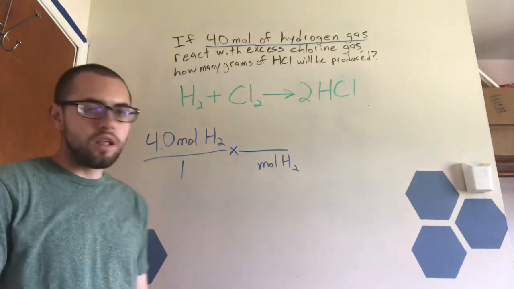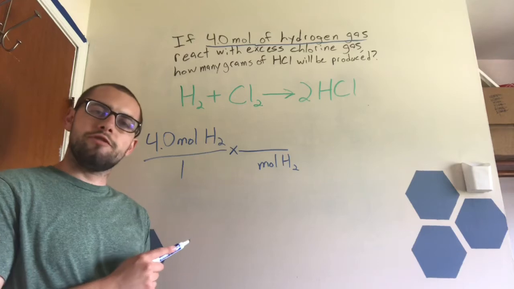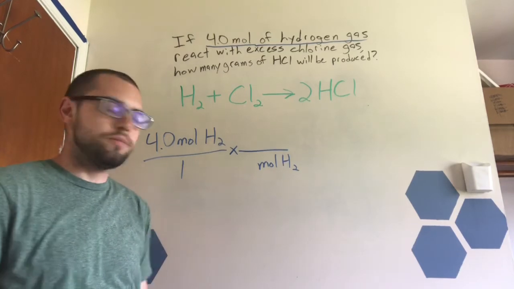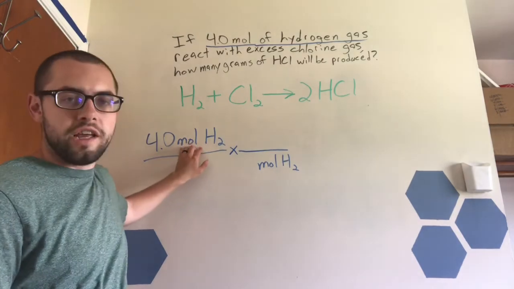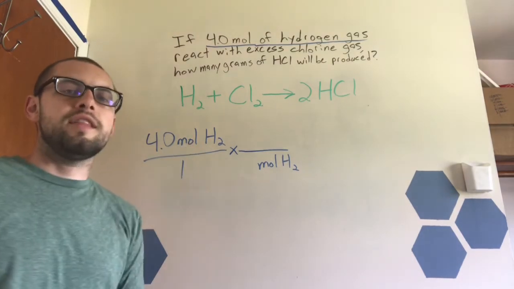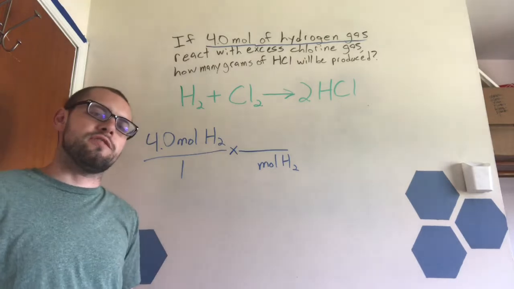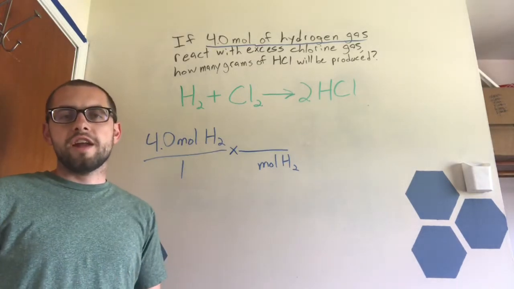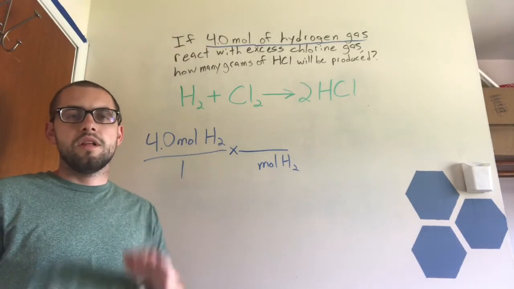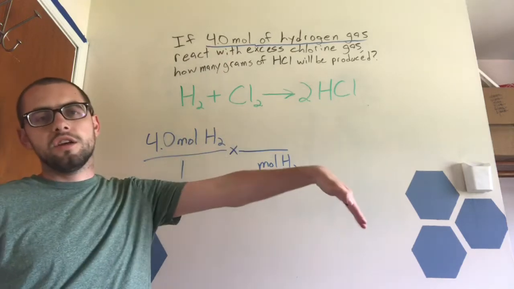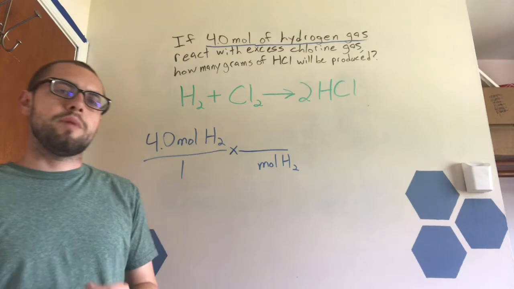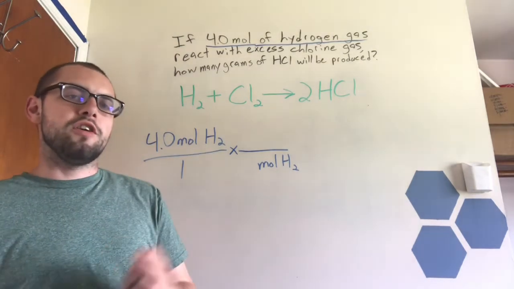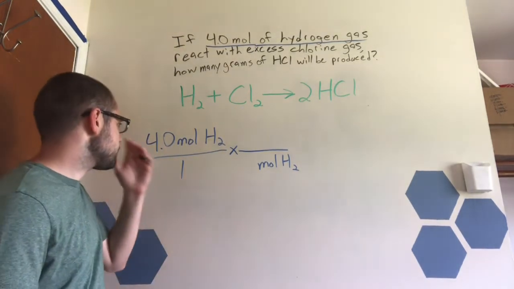Now, this problem is slightly different from the last one that I showed you. Instead of starting from grams, we're starting from moles. That actually makes the problem easier for us. If we're already starting in moles, then we can immediately go over the mole bridge. The mole bridge, remember, is the ratio of those balanced coefficients.